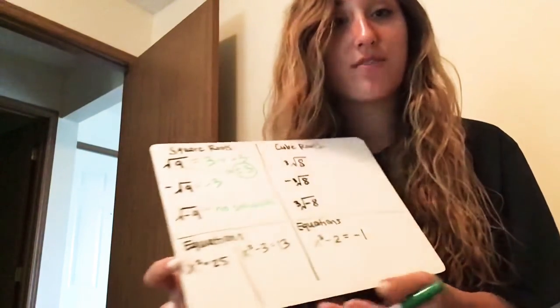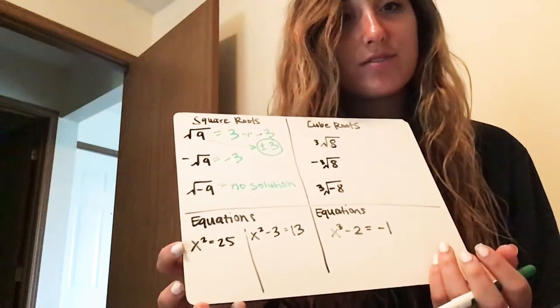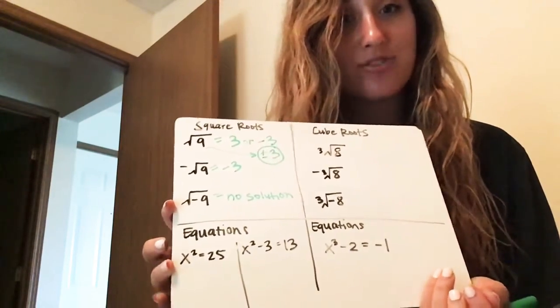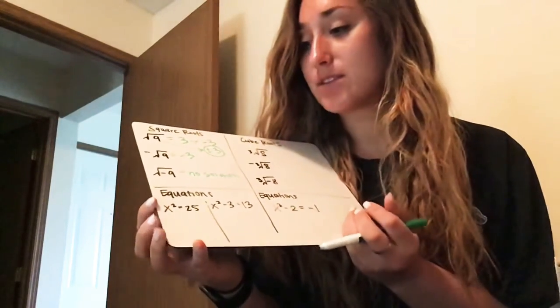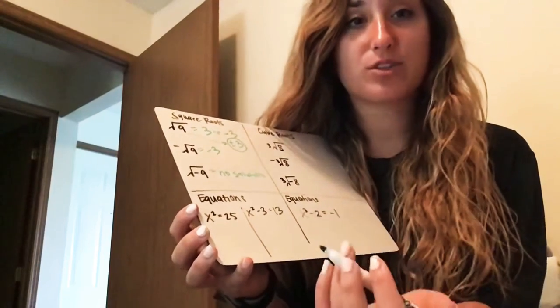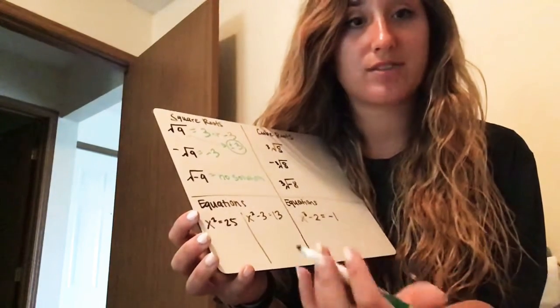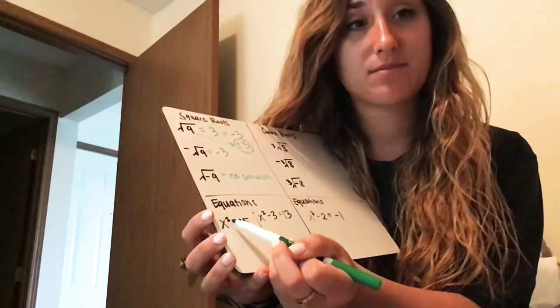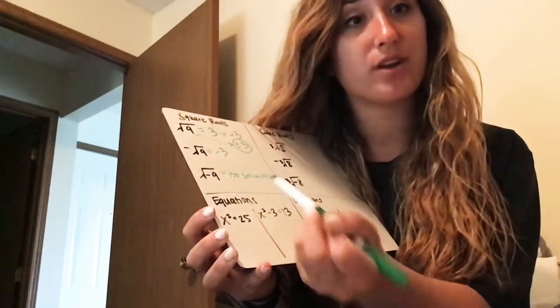We can also solve equations with square roots. So we're going back to negative numbers and we're also going back to algebra a little bit. If we have the equation x squared equals 25, remember when we solve equations we want to undo whatever's happening to x. Right now x is being squared, and the inverse of square is square root.